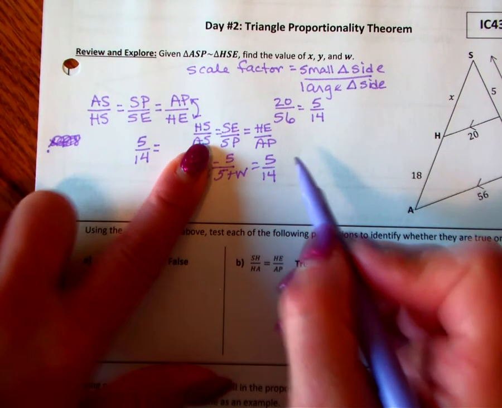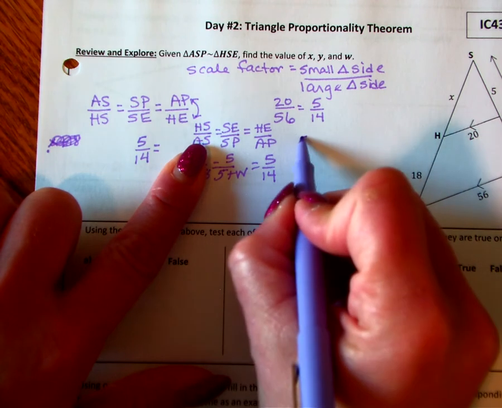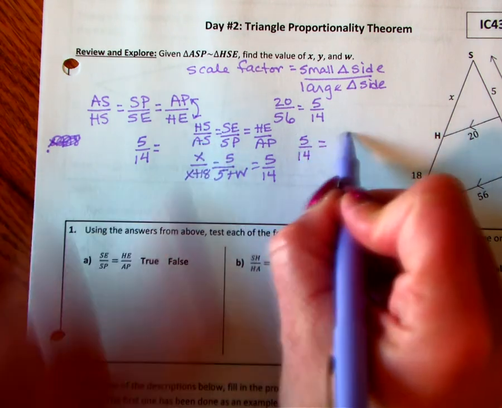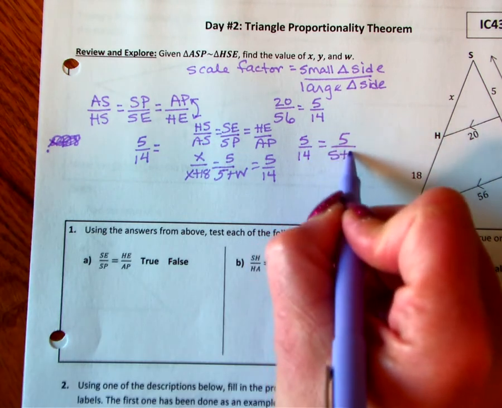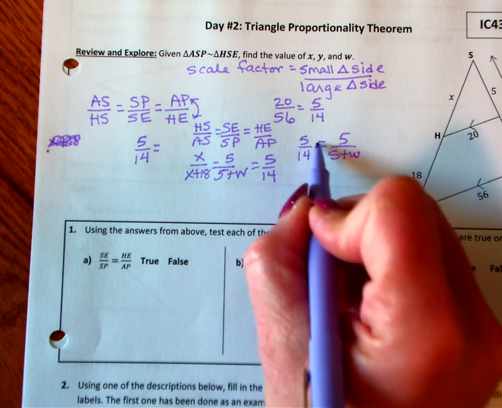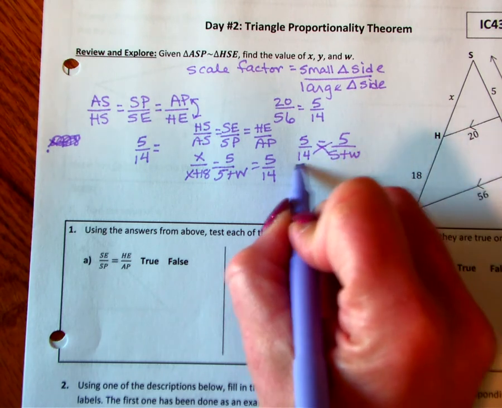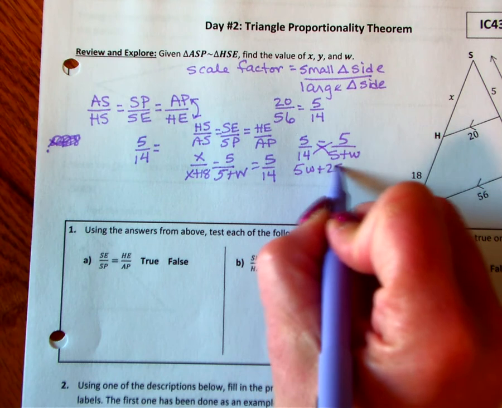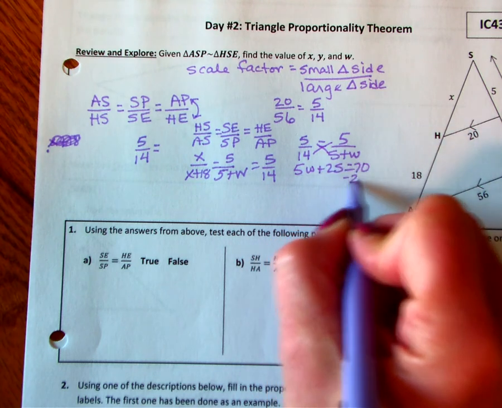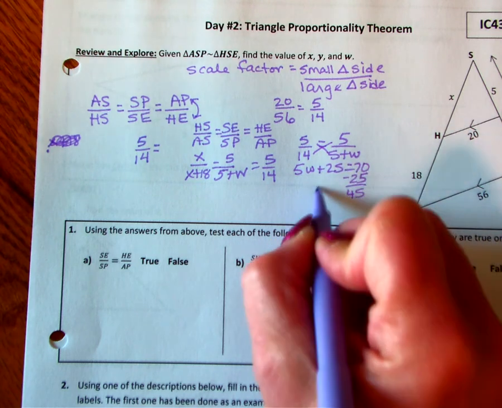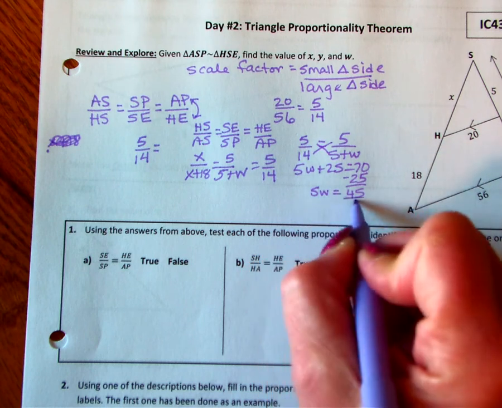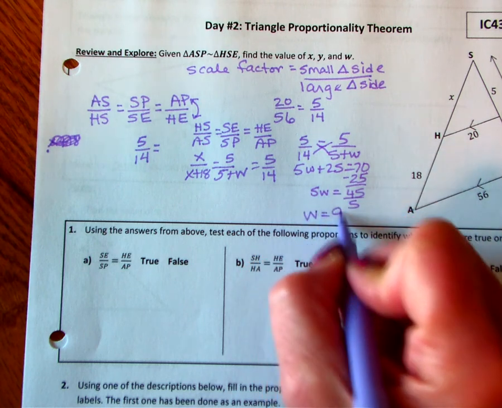So you could now continue to solve for all of them. Let's start with 5 over 14 equal to 5 over 5 plus W. Distribute and cross multiply, so 5W plus 25 equals 70. Subtract your 25, so I've got 5W equal to 45, and I've got W equal to 9.